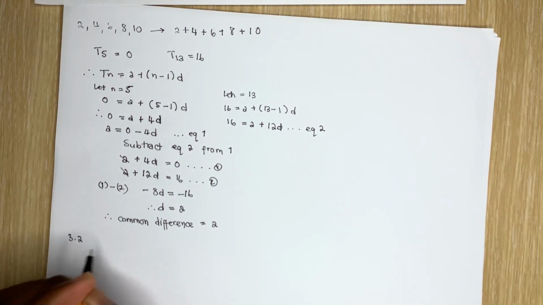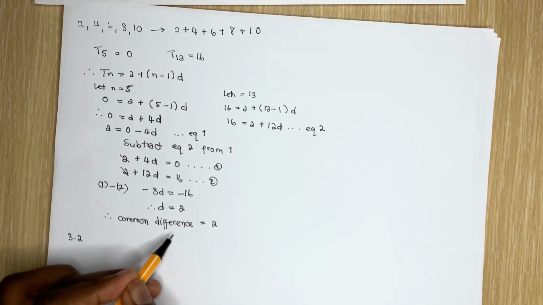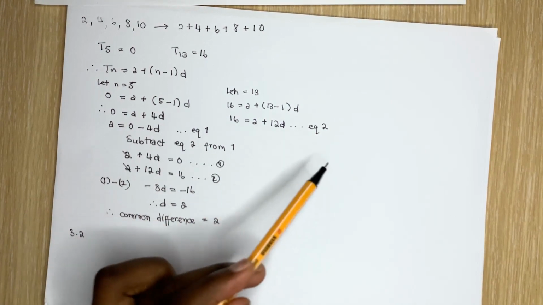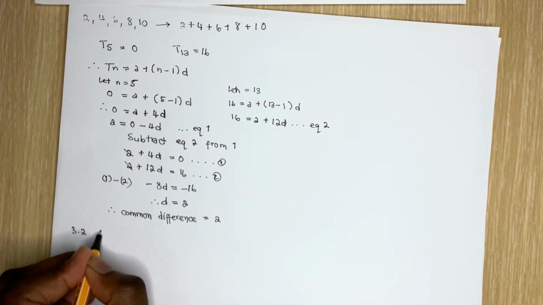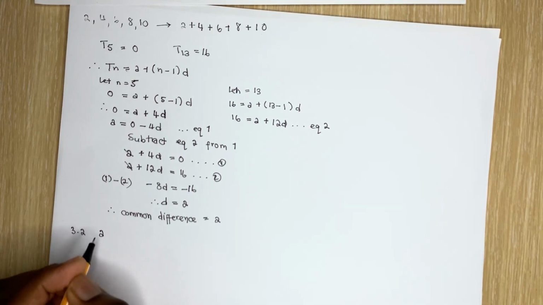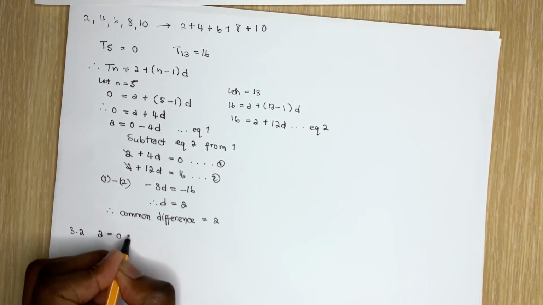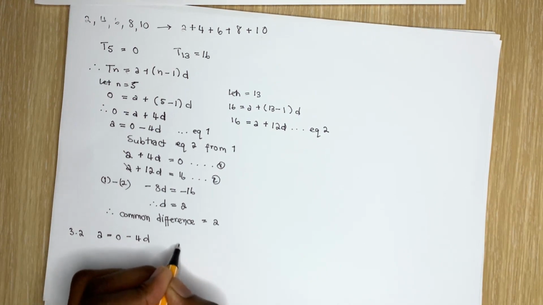As you already have the common difference, we can simply substitute 2 into either equation 1 or equation 2. For simplicity, we can use equation 1, such that A equals to negative 4d.